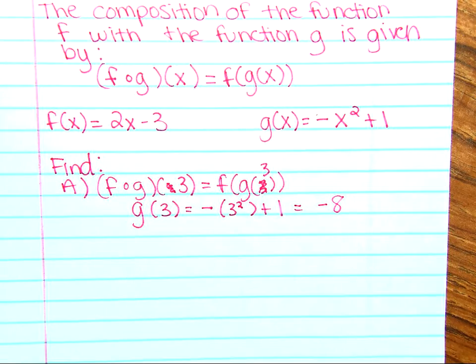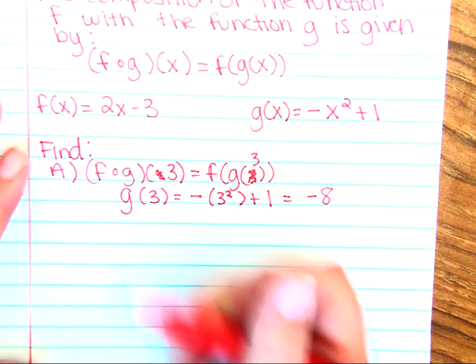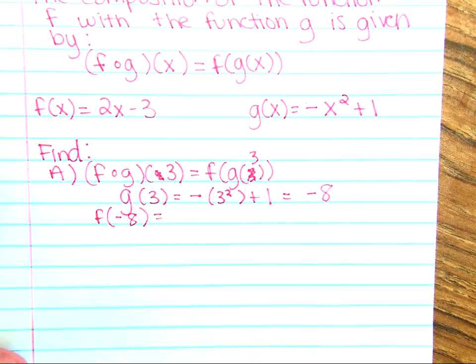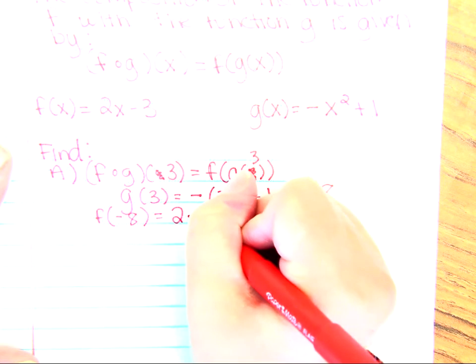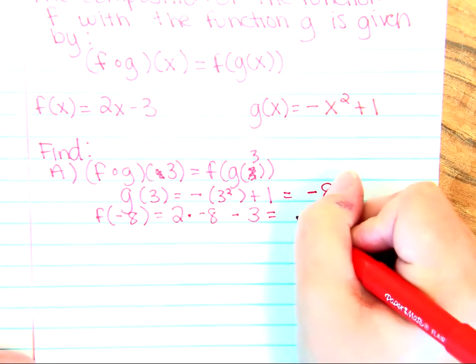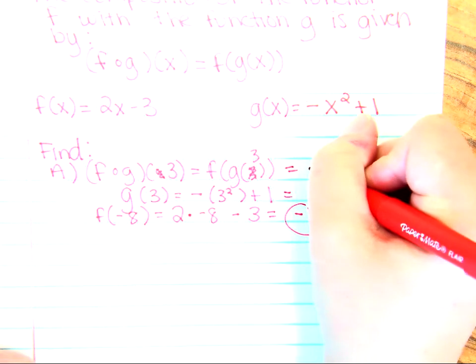Now that's not my answer because all I've done is evaluate this first part, g of 3. Now I need to do f of negative 8. And that would be 2 times negative 8 minus 3. So my final answer would be negative 19.